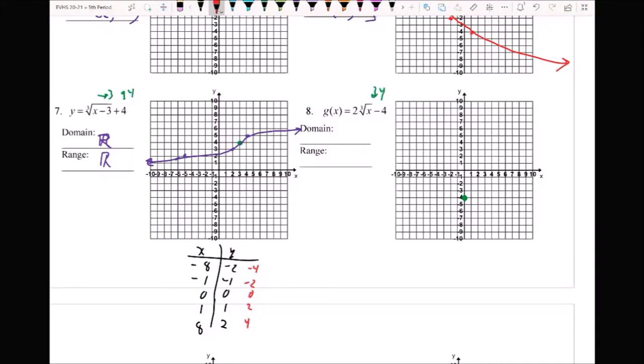Oh, what am I doing? Yeah. 1, 2, and then 1, 2, 3, 4, 5, 6, 7, 8. 1, 2, 3, 4. -1, -2. And then -8, -4. And then my domain is all reals for all cube roots.